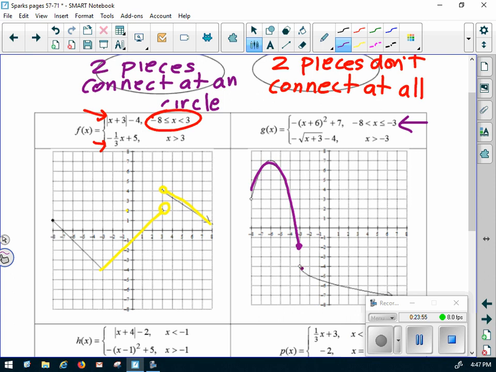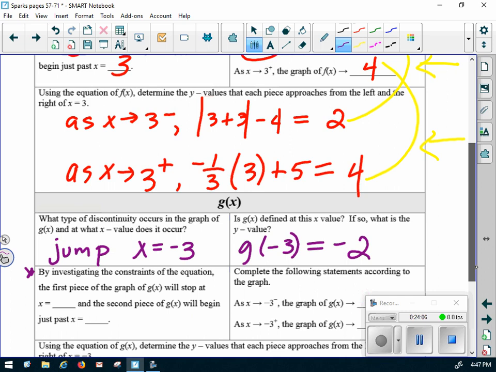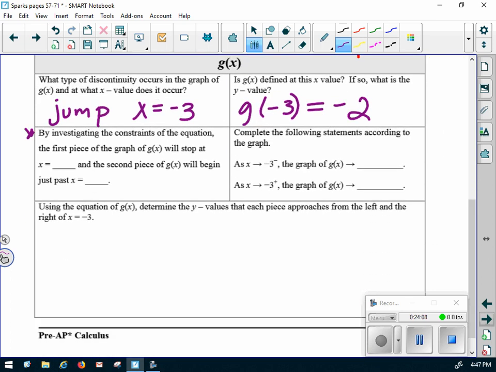This piece starts just past x equal negative 3 because that graph doesn't own x equal negative 3. So the first piece will stop at x equal negative 3, and the second piece will begin just past x equal negative 3.